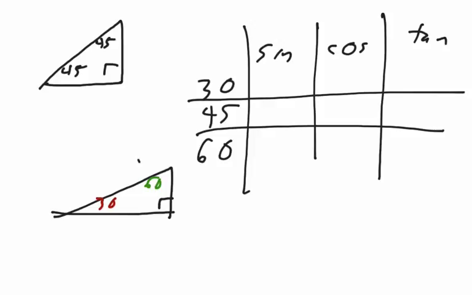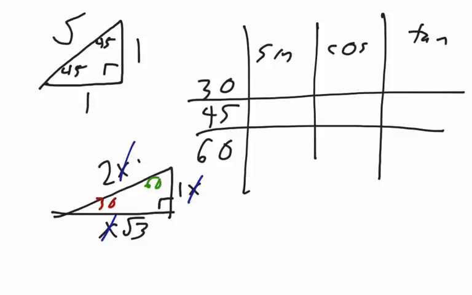So in here, the opposite side from 30 is going to be x, which is, I'm going to write a 1 in front of it, and the side opposite the right angle was 2x, and the side across from 60 was x square root 3. And for the most part, we don't really need these x's here. And the 45, 45, 90 was 1, 1, and the square root of 2.